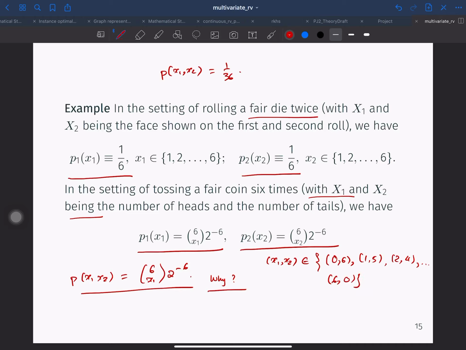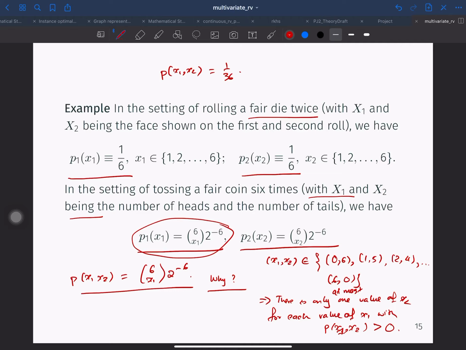So that means there is at most only one value of x2 for each value of x1 with p(x1, x2) bigger than 0. So that is why the marginal PMF is the same as the joint PMF.